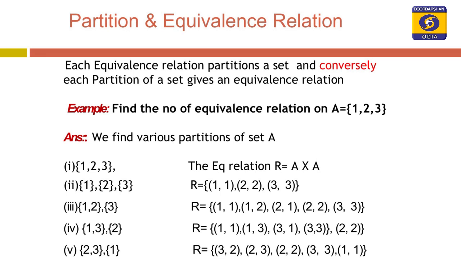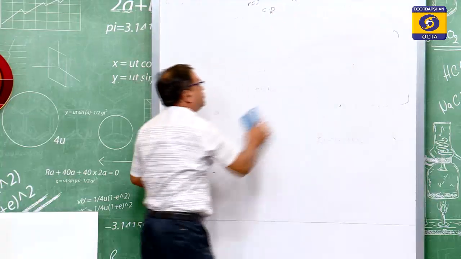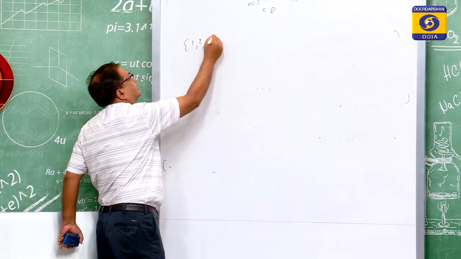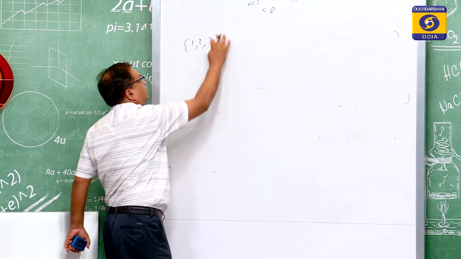On the left hand side we have various partitions, and on the right hand side there are various relations corresponding to the partition. So, the first one is actually the set 1, 2, 3. This is a partition, this can also be a partition of the set.